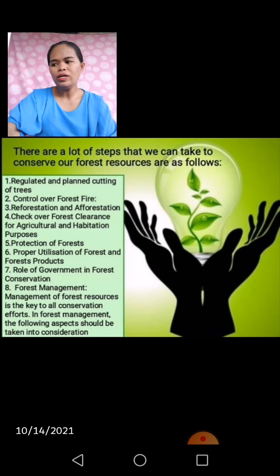Then, use of forest land as tourist centers. There are many tourist spots that everybody loves to go to, but those who manage tourist areas should also impose rules and regulations to help conserve natural resources.